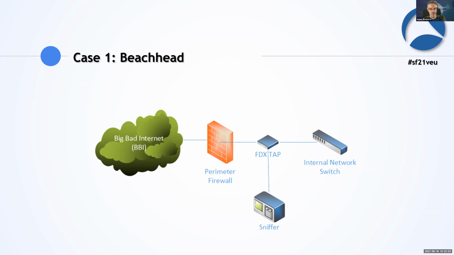They didn't have that. So what I did is I put in a full duplex tap, 1 gigabit copper, and hooked up a sniffer and captured everything that was going on. It was a gigabit line. So yeah, there was not much going on on that link.